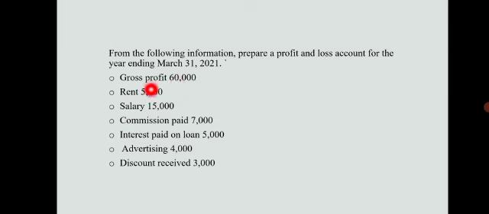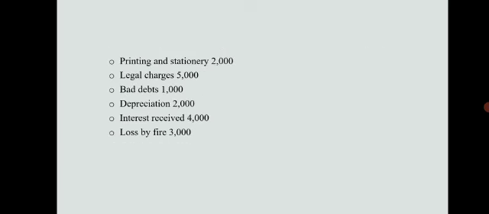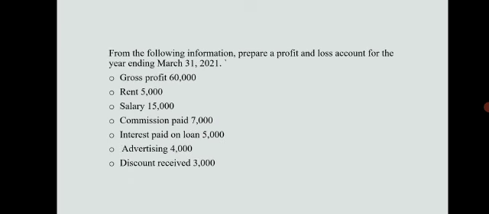Gross profit 60,000, rent 5,000, salary 15,000, commission paid 7,000, interest paid on loan 5,000, advertising 4,000, discount received 3,000, printing and stationery 2,000, legal charges 5,000, bad debts 1,000, depreciation 2,000, interest received 4,000, loss by fire 3,000. So this is the information provided in the problem, and you are supposed to prepare profit and loss account for the year ending 31st March 2021.